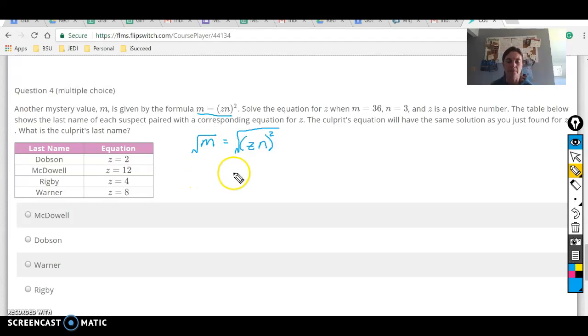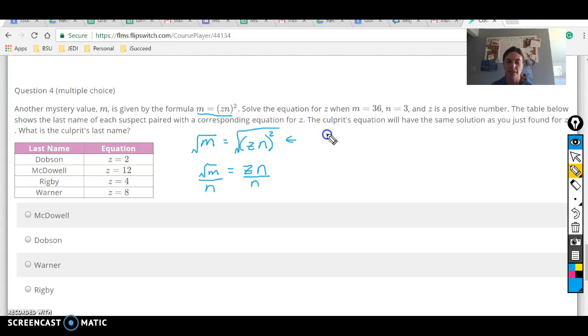then I will end up with the square root of m equals zn. Now to solve for z, all I need to do is divide both sides by n. And I just want to clarify here really quick. Taking the square root of something is the same as taking it to the 1/2 power.